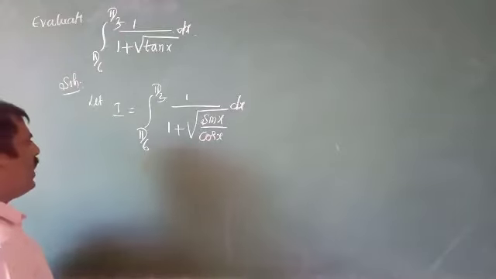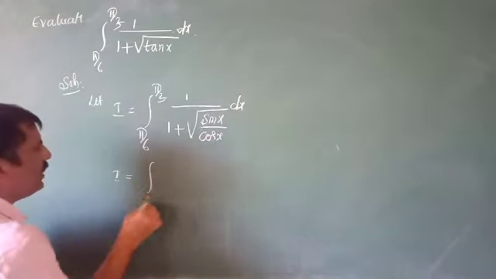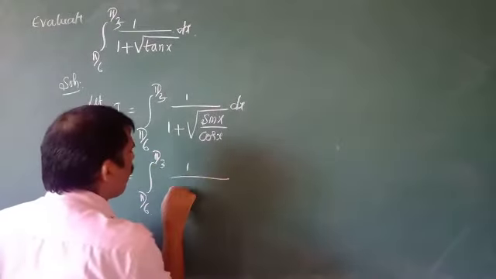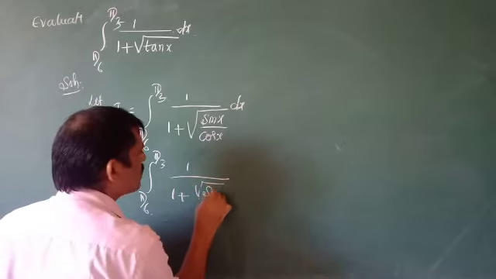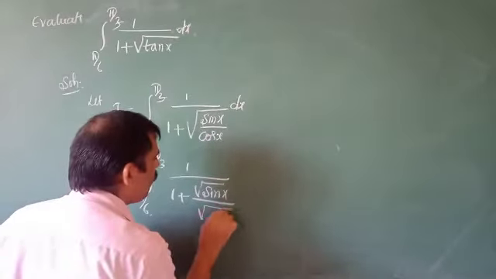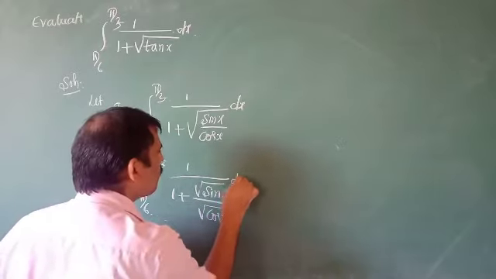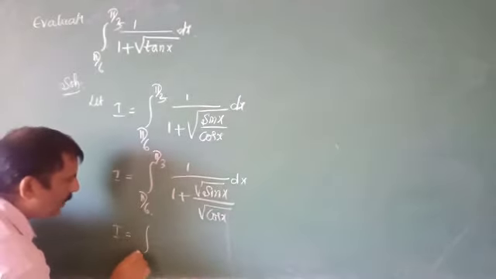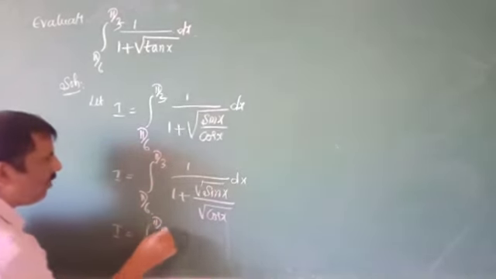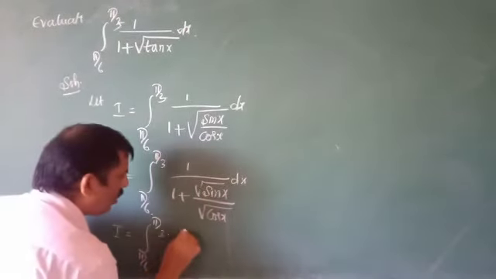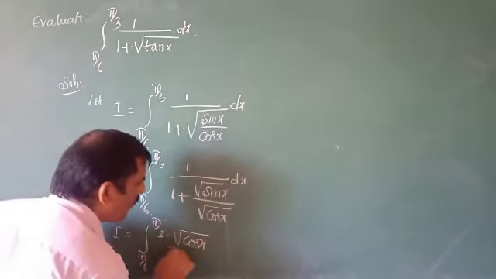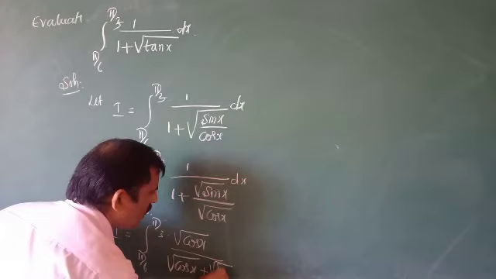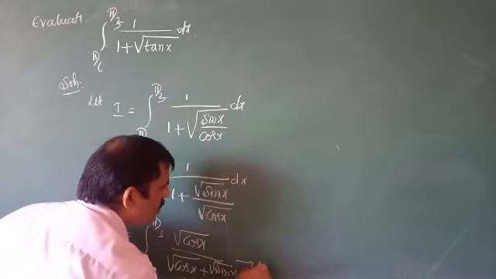So I is equal to the integral from pi by 6 to pi by 3 of 1 divided by 1 plus square root of sin x divided by square root of cos x. The square root of cos x is common, so I is equal to the integral of root cos x divided by root cos x plus square root of sin x. This is equation 1.